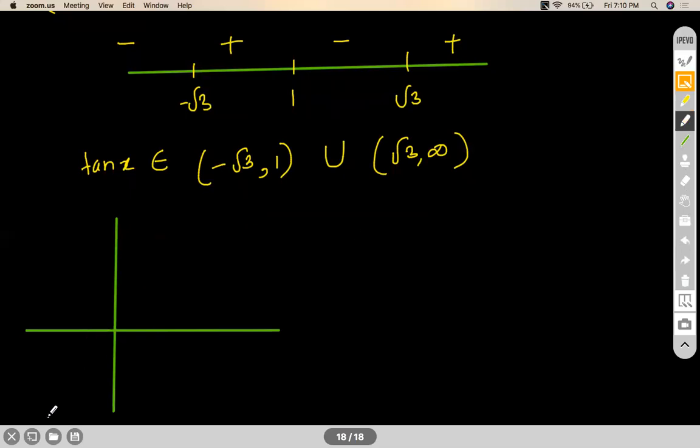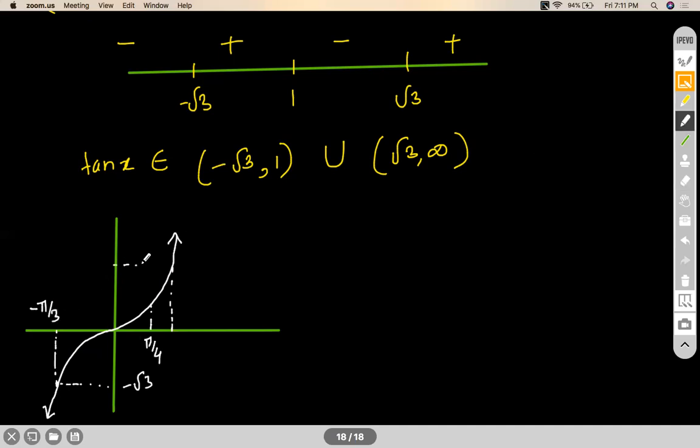Now the minus root 3 line will be somewhere over here. Minus root 3 is going to be minus pi by 3, not pi by 6. 1 is going to be pi by 4. And root 3 will be pi by 3.